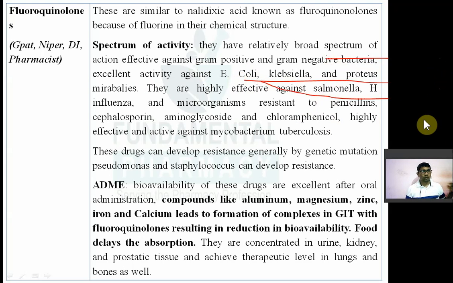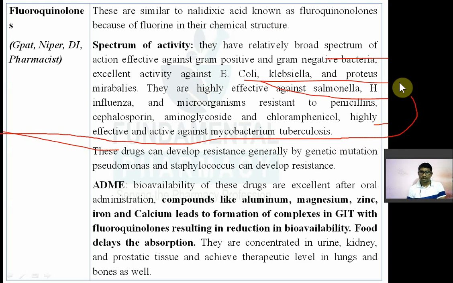In case of gram negative bacteria, penicillins are not effective, but these fluoroquinolones are effective. They are effective against organisms resistant to cephalosporins, penicillins, aminoglycosides and chloramphenicol. So that's why they are known as broad spectrum antibiotics.